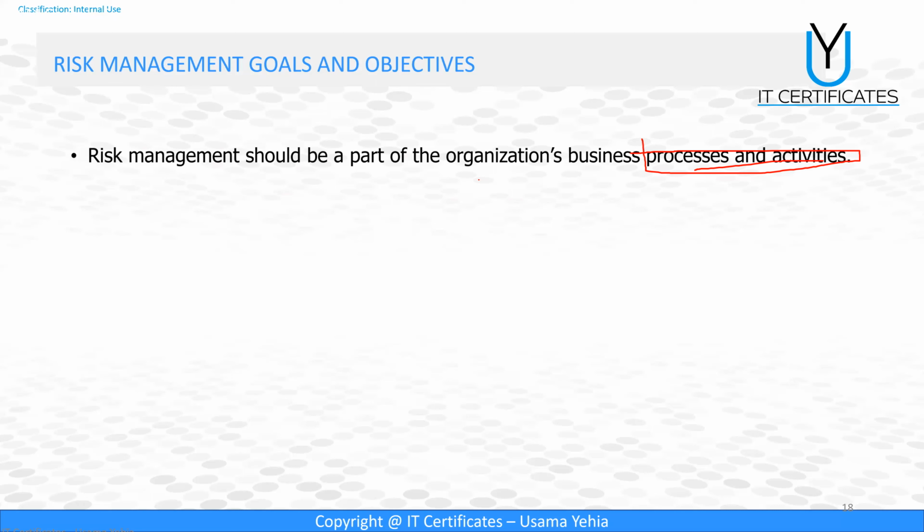And if it's a new process, then again we have to find out what the risks related to these processes and activities are, and what the right action to resolve these risks will be. It can be to terminate the process, transfer the risk, or mitigate the risk, whatever the action, and we will cover all the information about these risks later.